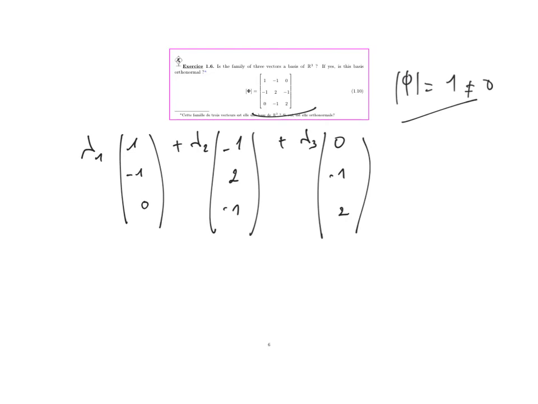You see that these vectors correspond to the first column, second column, and third column. Then suppose that this combination is equal to 0.